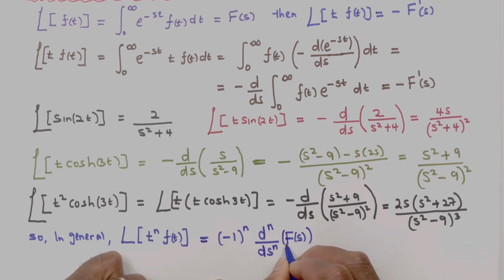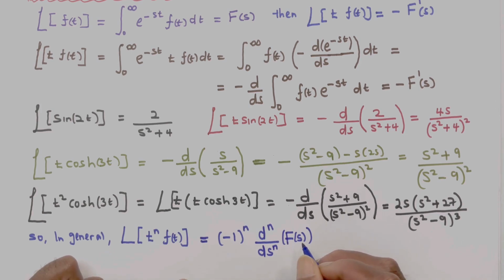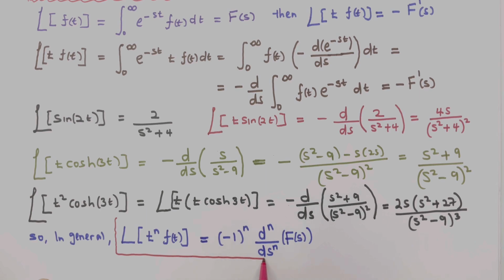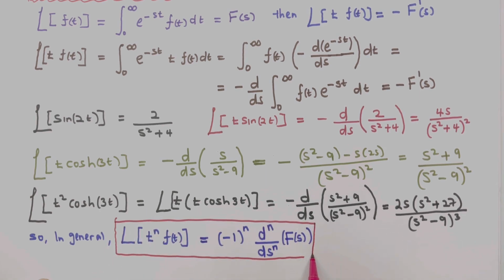So let's put that in a box, because that is the general equation for multiplying f of t by t to the power of n.